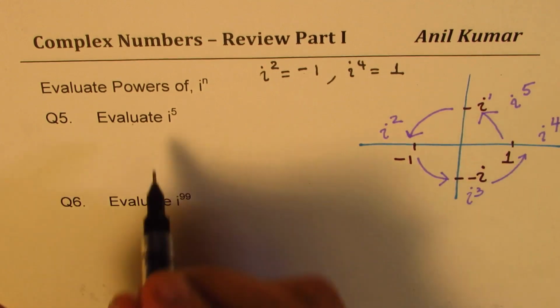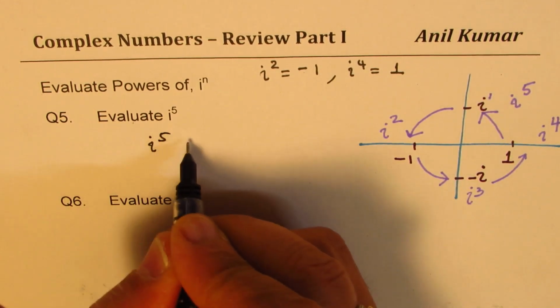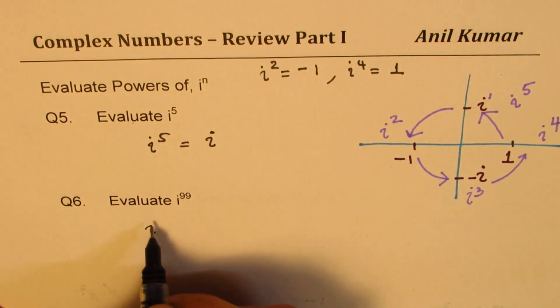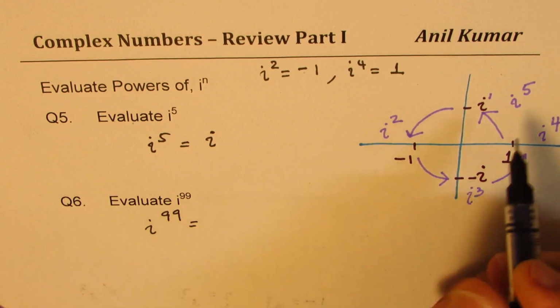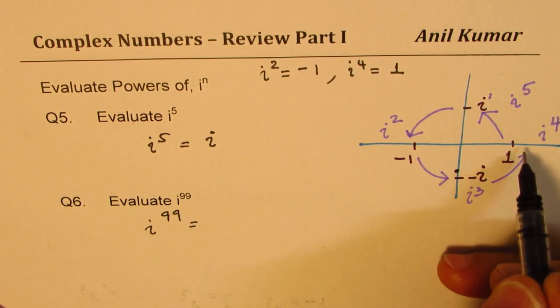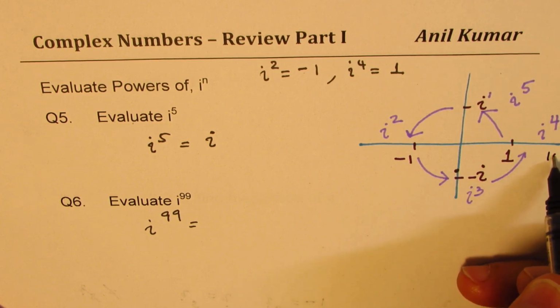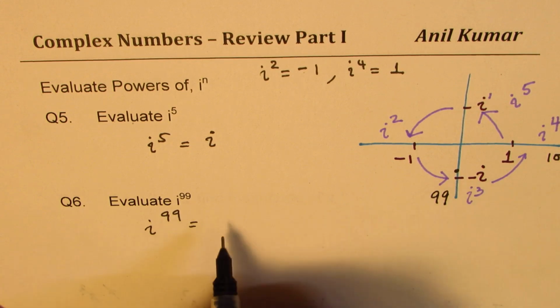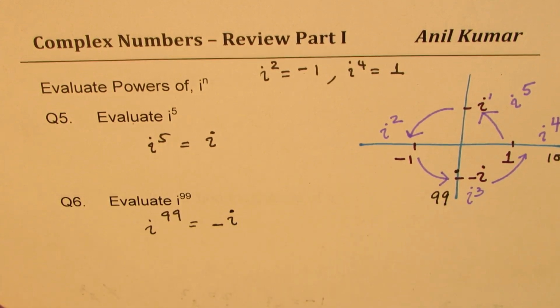Multiples of 4. So i to the power of 5, as we have seen here, is equal to i. And as far as i to the power of 99 is concerned, it will end up here, right? So that will be 99. Here, the 4 multiple is 100, right? 1 less than 100 is 99. So we'll get minus i as our answer.